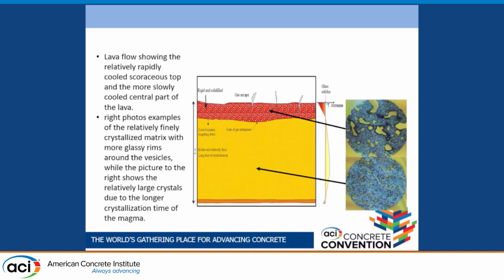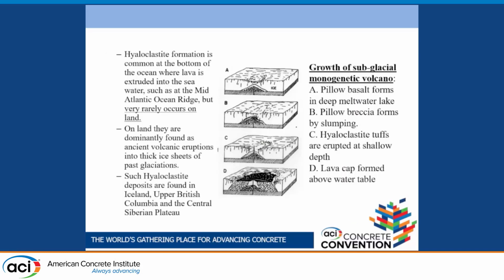Under a subaerial eruption, lava cools slowly and you have different layers of lava as it cools down, and it becomes crystalline as it cools over time. A lava eruption underwater can take place in a body of water, like a lake, or during the last glaciation under the ice shield.